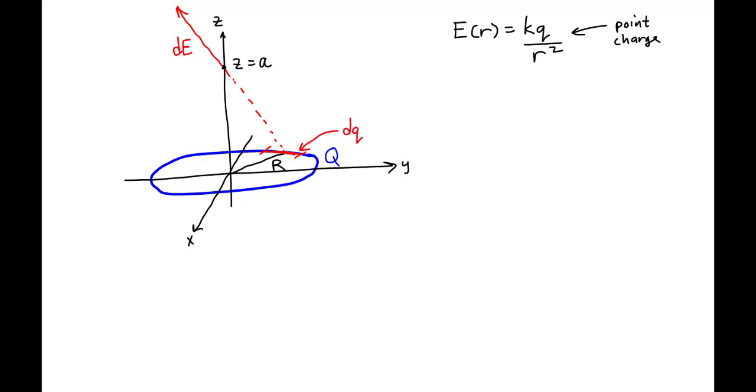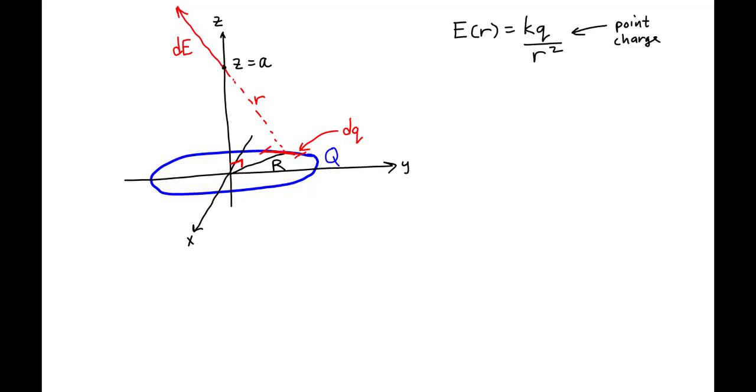The point at which we're calculating that electric field is a distance r away from our representative point charge. What you might be noticing is that I am creating a right triangle, which will give me information that will help me calculate the electric field due to this entire ring of charge.